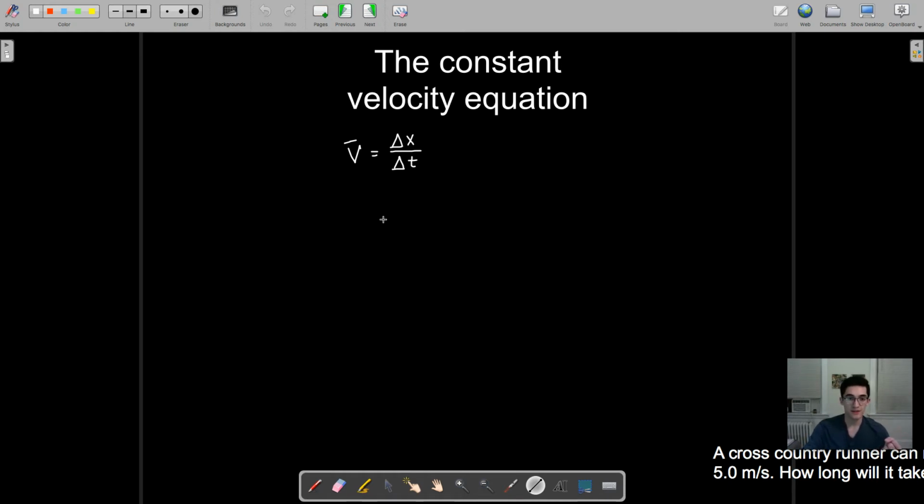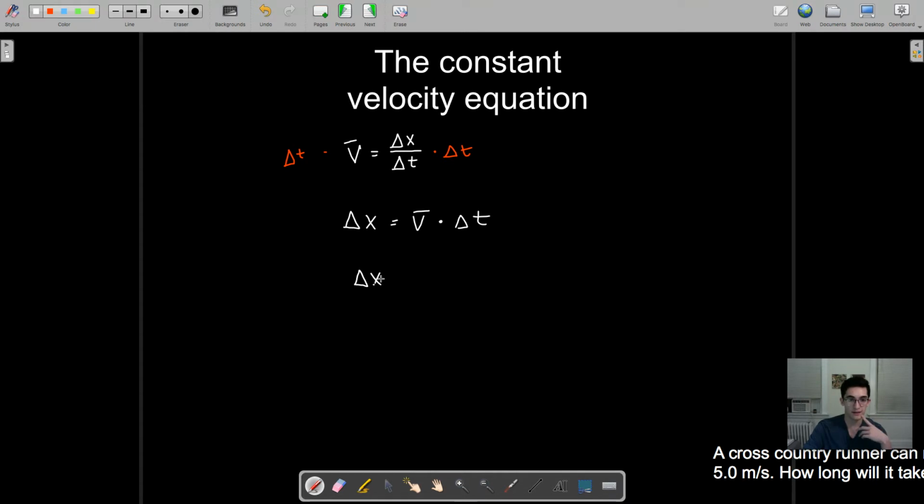So I'm just going to rearrange this real quick by multiplying both sides of the equation by our time interval, delta t, and I'm going to end up with an equation that looks like this. Delta x is equal to average velocity times time.